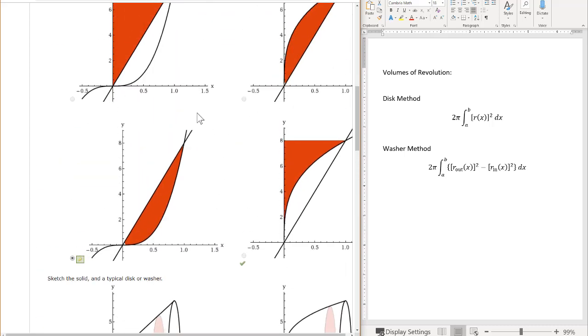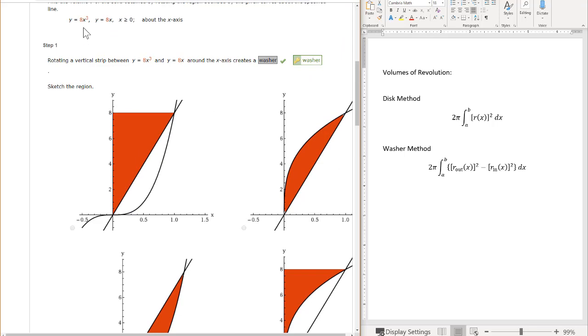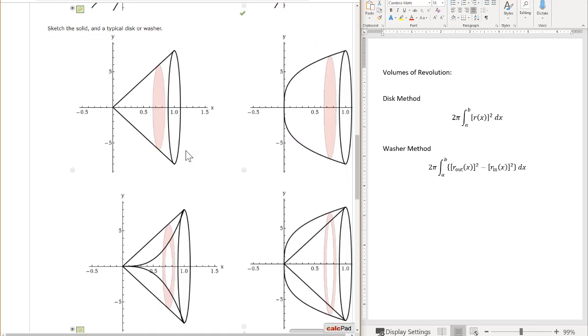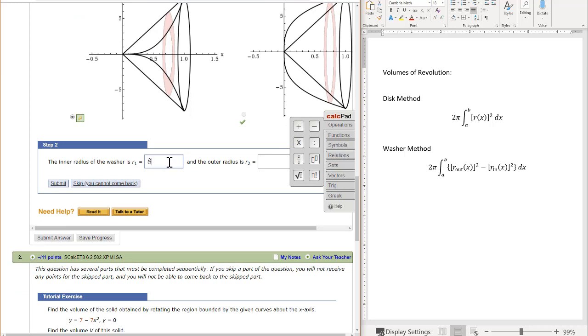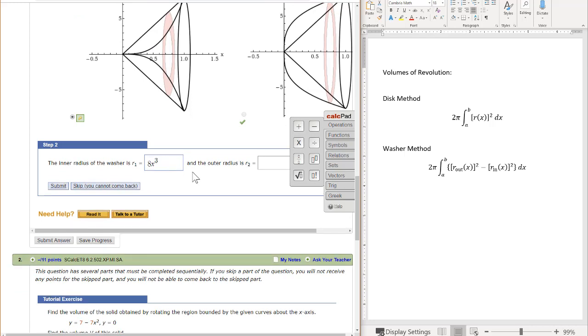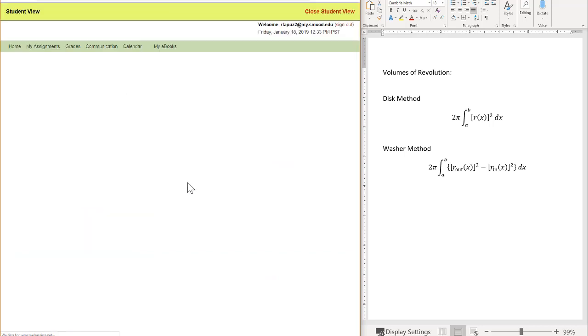The cubic function again was 8x to the third. And the outer is going to be that line, so that's just 8x. Y is equal to 8x. So those are the two radii.